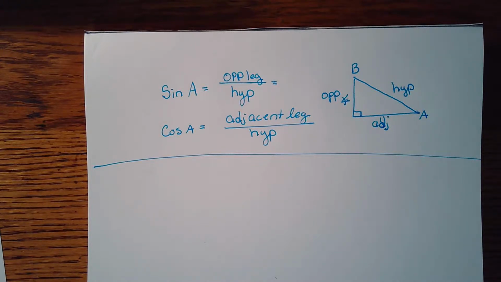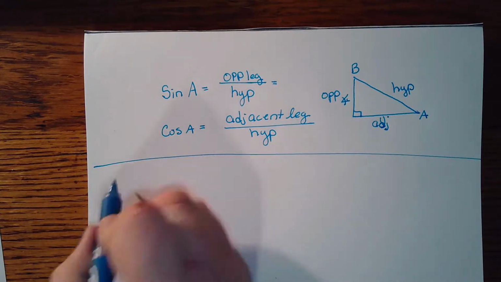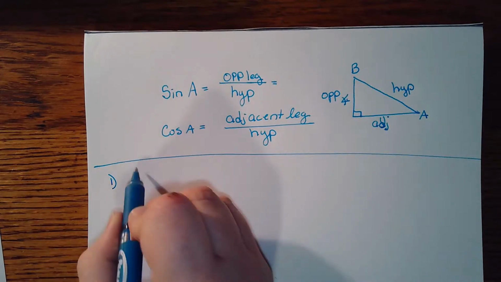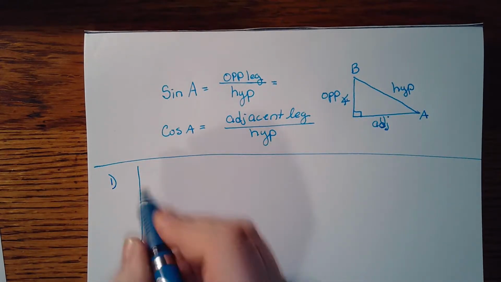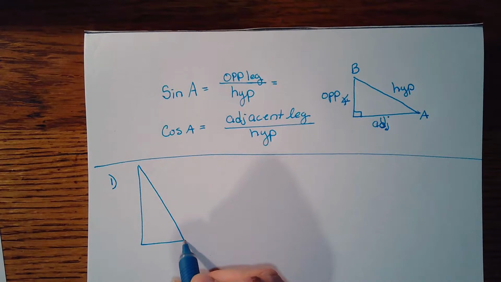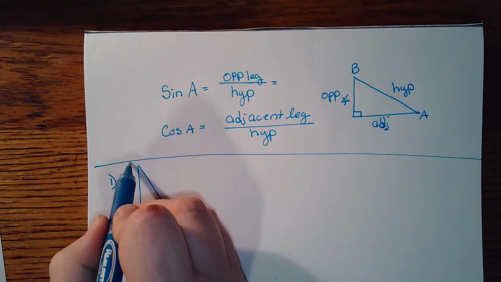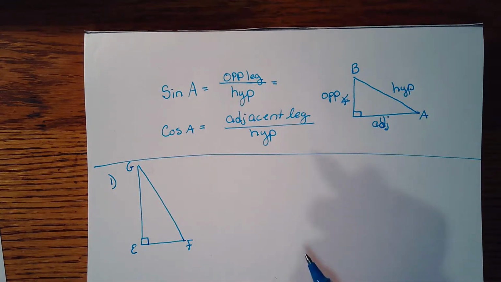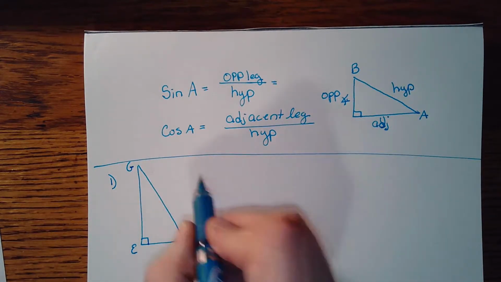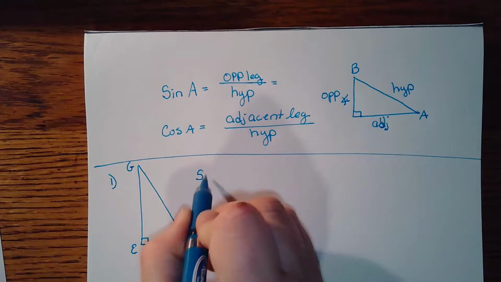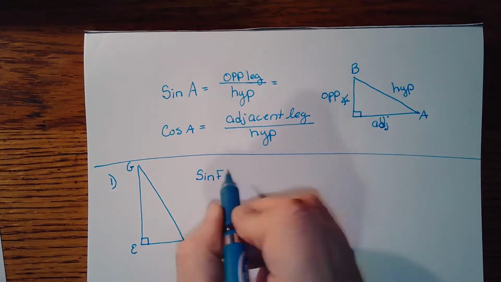The first part's just setting up fractions. So let's do number 1. So here is number 1. It is a right triangle, and this is E, this is F, and this is G. So let's do sine first. So in this case, we have sine F. What does it equal?